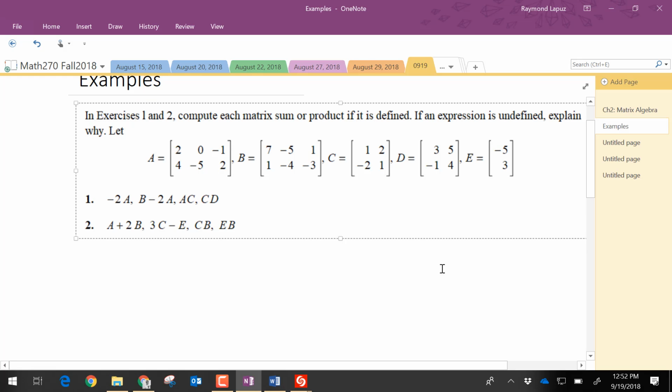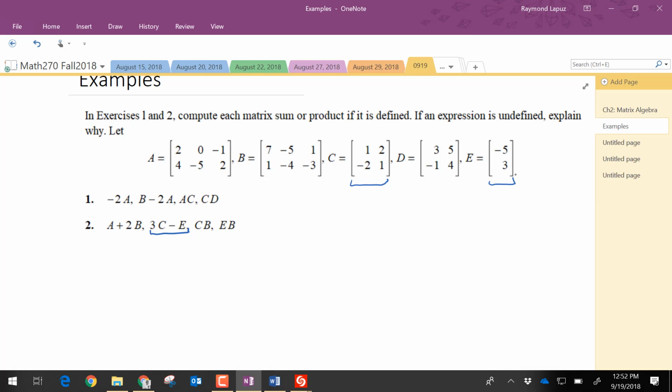Let's take a look at 3C minus E. The fact is that for you to be able to add or subtract matrices, they have to have the same size.